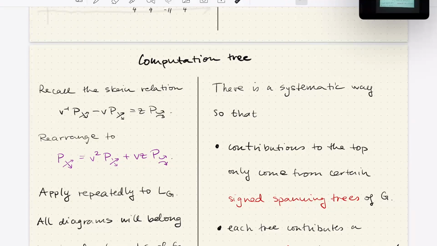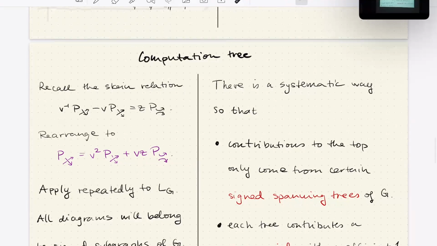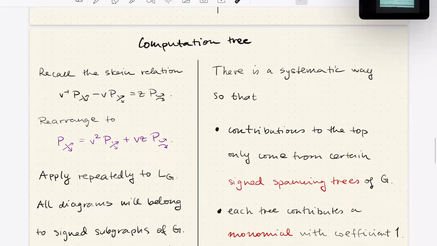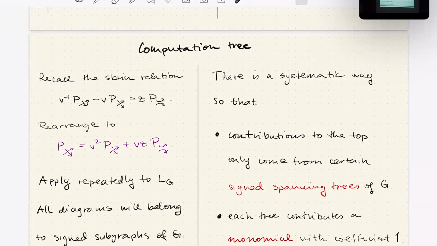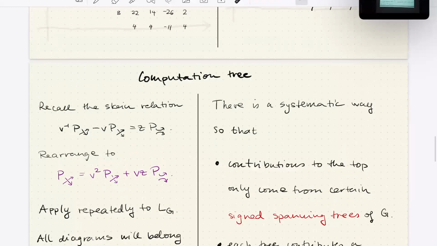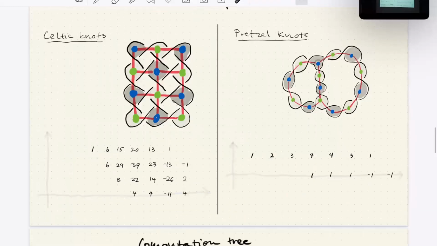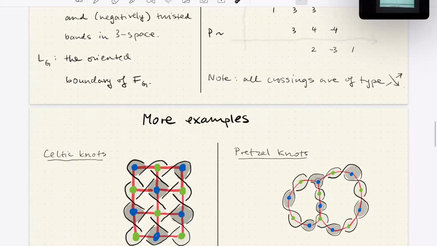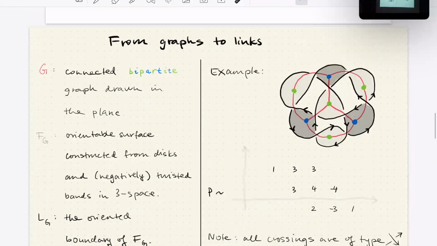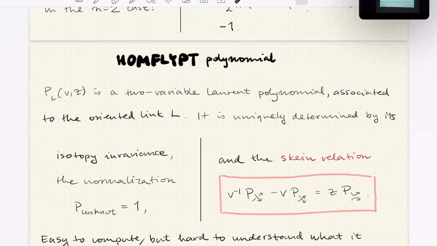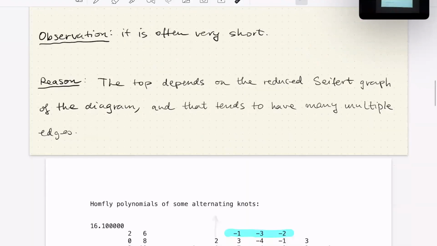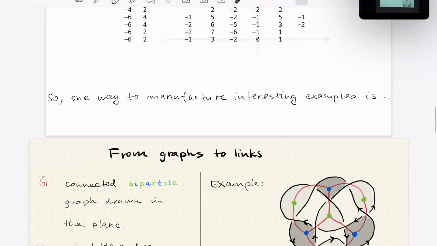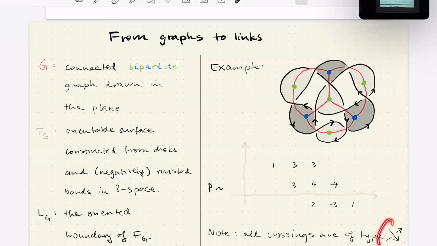Right. Okay, so basically we are going back to the beginning here. How do you compute a Humphrey polynomial? I said that there are some super simple rules that you have to follow when you do that. Here they were, most important being this skein relation. In my construction, the knots I will be looking at, every crossing looks like this.